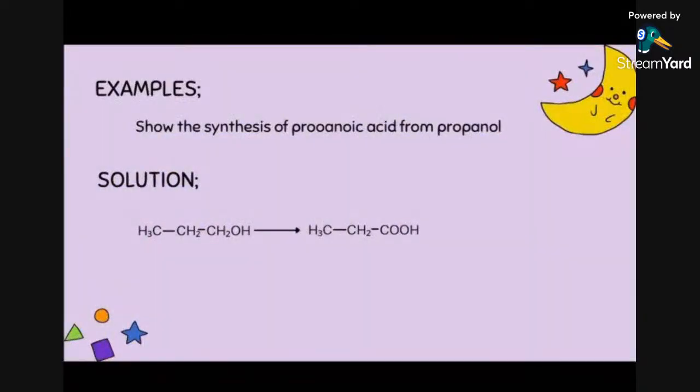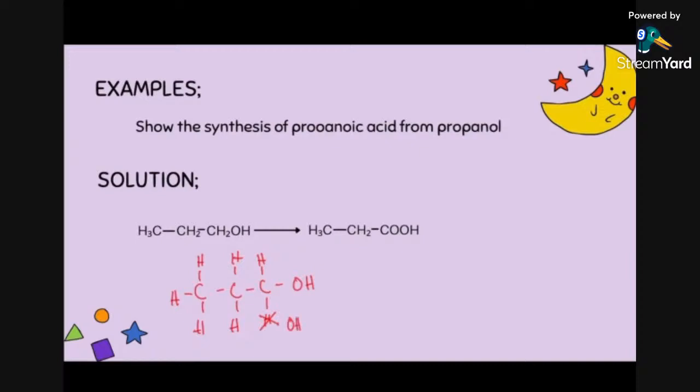So example show the synthesis of propanoic acid from propanol. Okay, first thing first, kita kena lukis dulu structure dia. 1, 2, 3. Okay, mula-mula yang hidrogen yang ni kita boleh potong dan gantikan dengan OH.